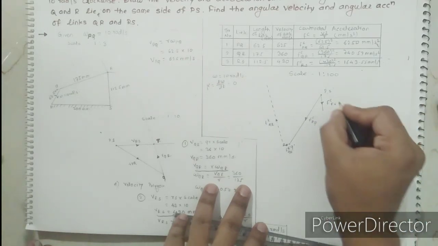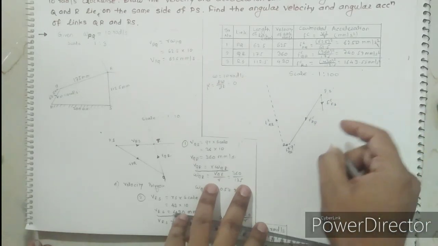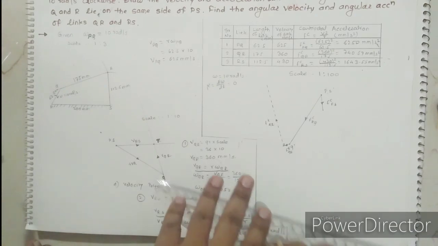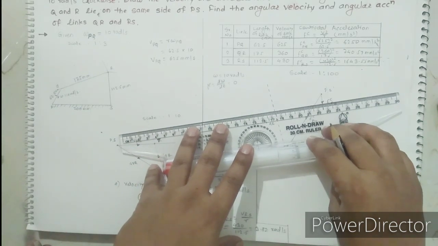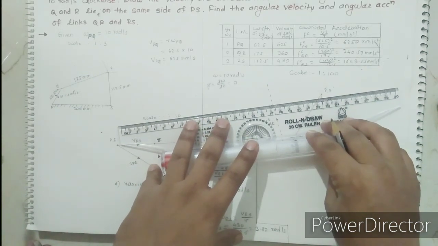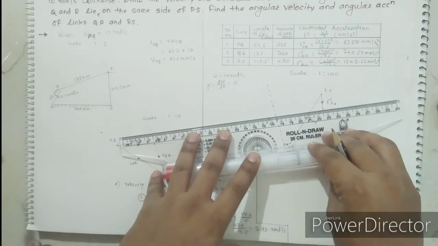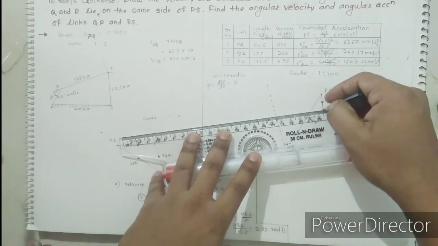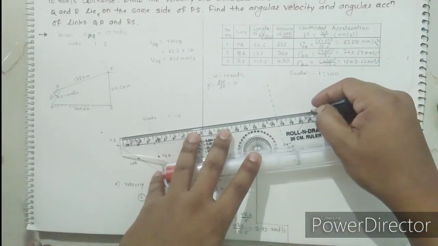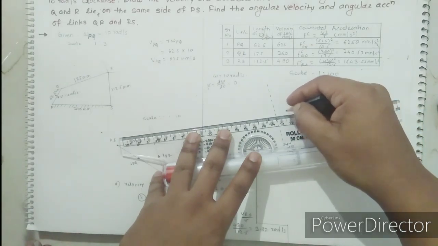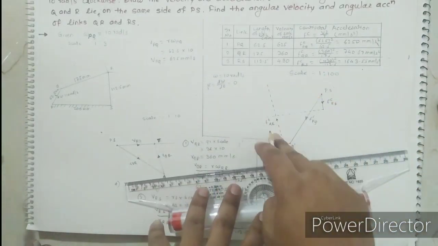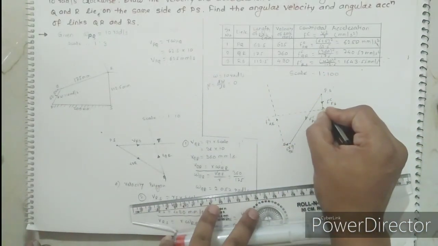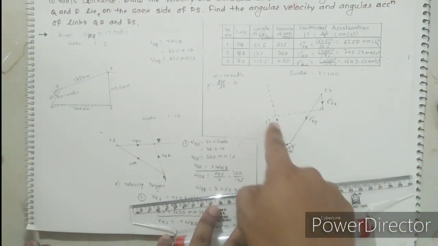This is FCRS. Now we have to draw the tangential acceleration. As I said, the tangential acceleration is perpendicular to the centripetal acceleration, so draw a perpendicular line to the FCRS by a dotted line, which intersects the tangential acceleration of QR. I have drawn the perpendicular to the FCRS and it meets the FTQR.